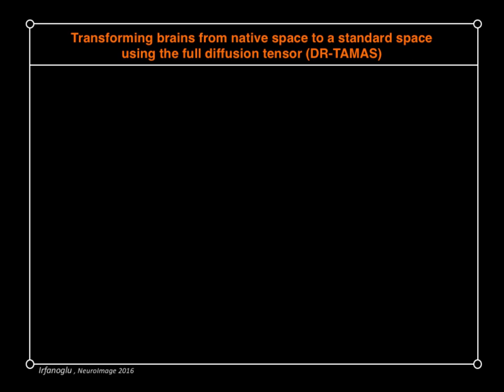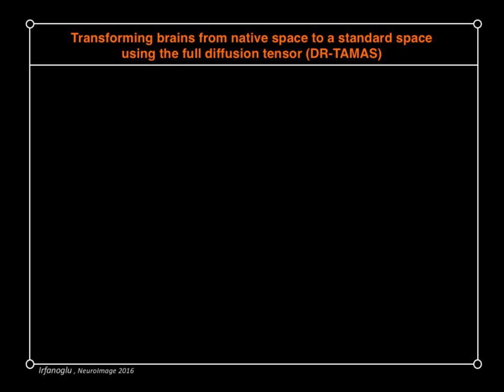One of the important parts of doing a whole brain voxel-based analysis is spatial normalization, where you bring all your subjects' data to a standardized space. Now there are several ways of doing it.